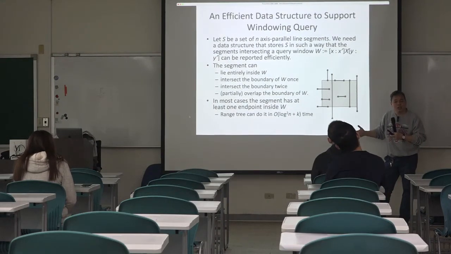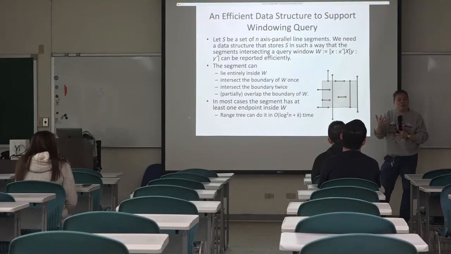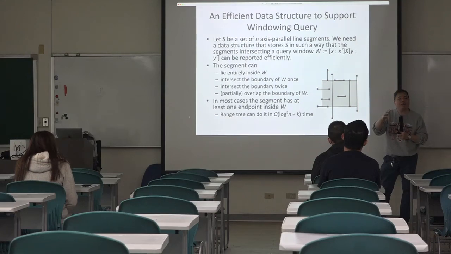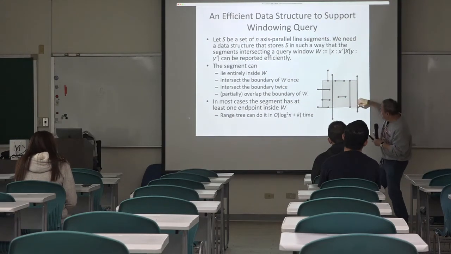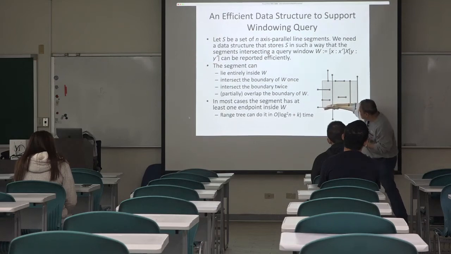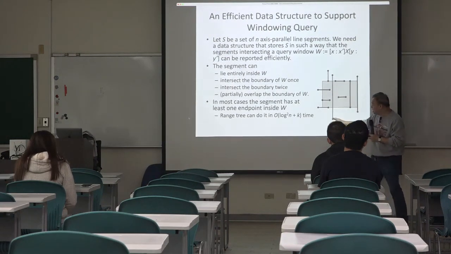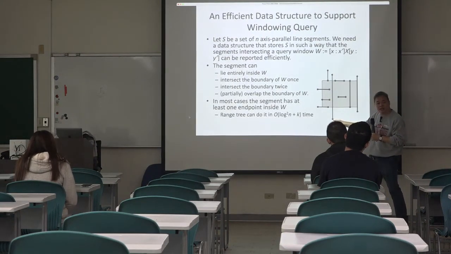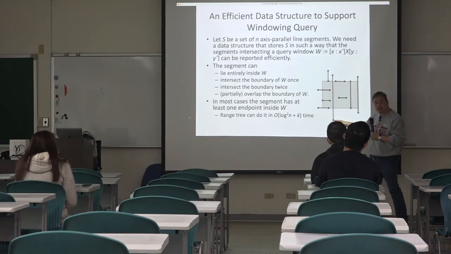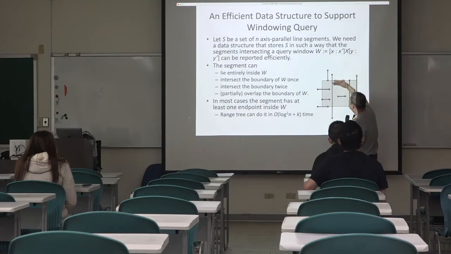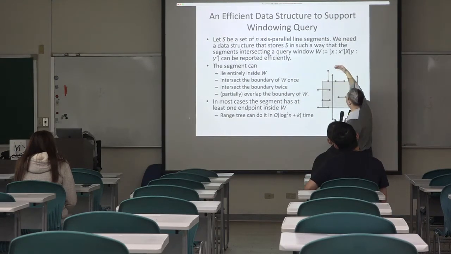So what we are doing, the query that we are doing, actually is something like this. We try to find the endpoint in here, like this one. From here, the top one will contain this one, and this one too.